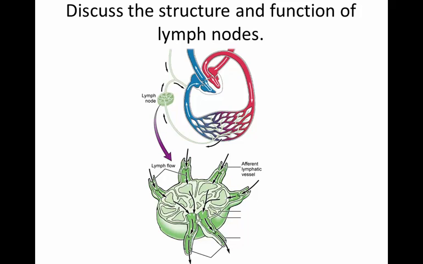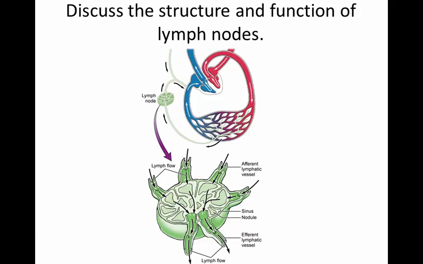The lymph flows through the lymph node, and we'll talk about that a little more in a few moments here, but then exits the lymph node via the efferent lymphatic vessels. So what does the lymph node do? Here we show a couple other portions of the lymph node, the sinus and the nodule. Within these areas, there are cells of the immune system that we'll talk about a little bit later in this unit.